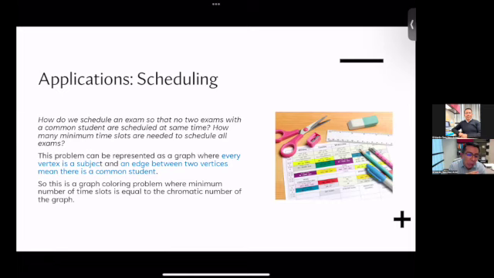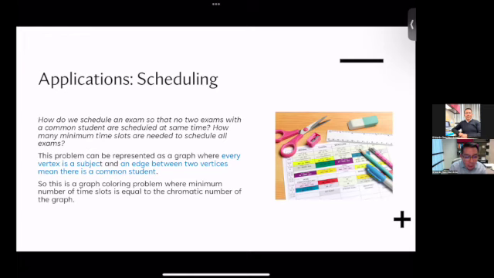But of course, we will need to check things like there are students who are in different courses, and we don't want to program two different exams at the same time if there are students common between these two classes. So the way to represent this problem is using a vertex for every subject and an edge between two of these vertices if there is a common student between the two courses.